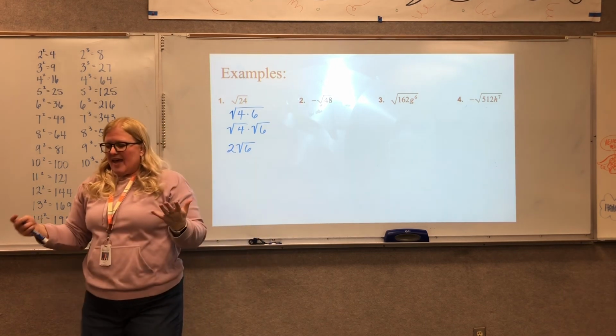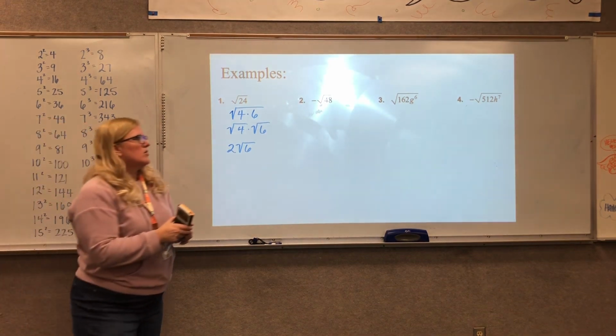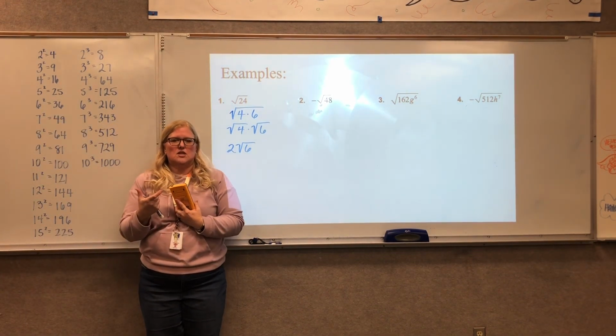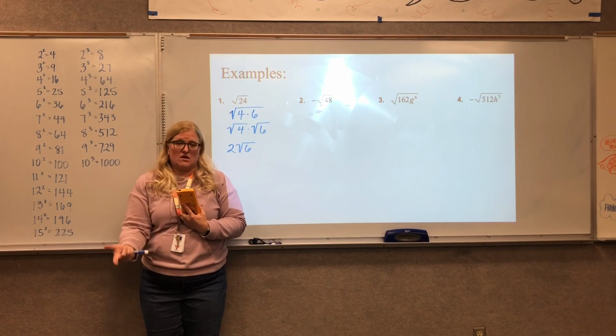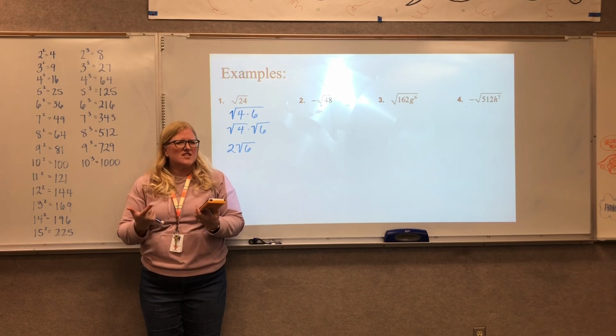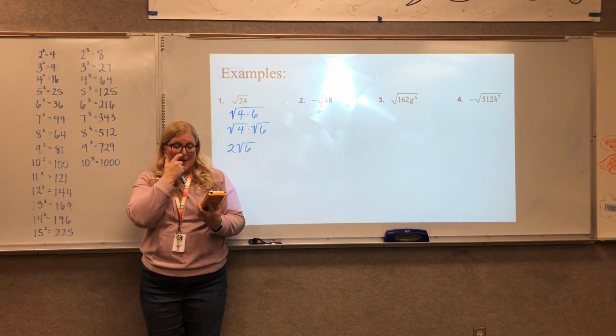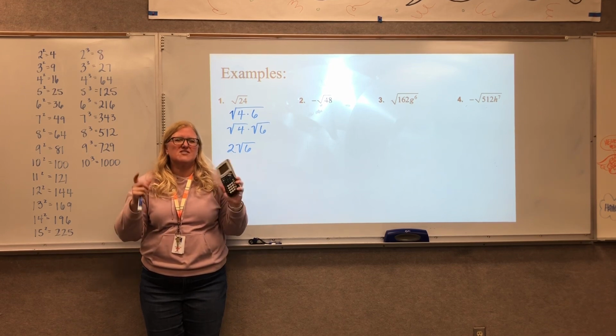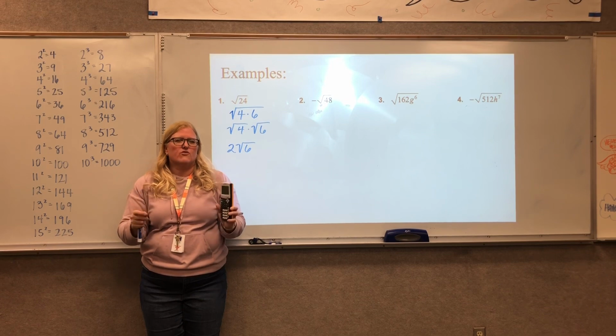So when I get numbers that I'm not sure of, what is the biggest factor a number can have besides itself? It's half of itself, if it's even. So 48 divided by 2 is 24. 24 is the biggest number that goes into 48.